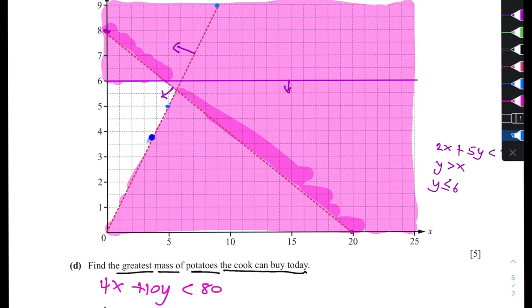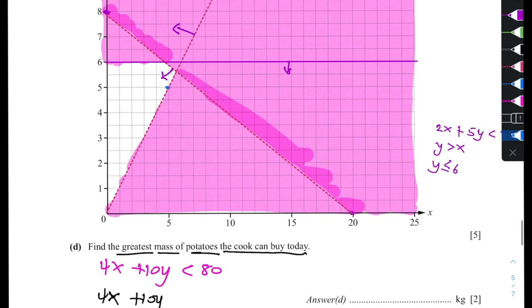Now, we have a broken line, so that means that there's only one firm line. Therefore, the answer must be on this firm line. Now, these are the answers. You may want to work with (0, 6), (1, 6), (2, 6), (3, 6), (4, 6).